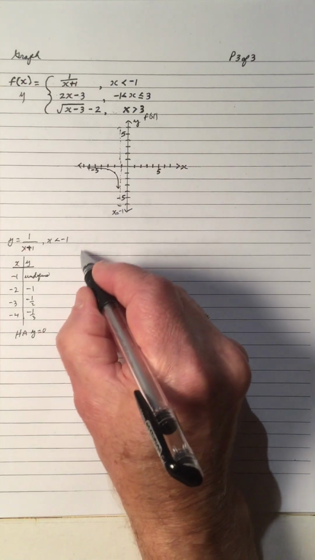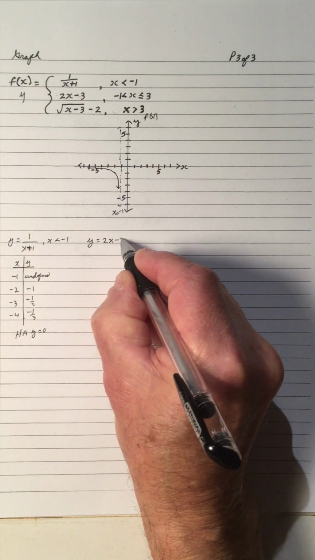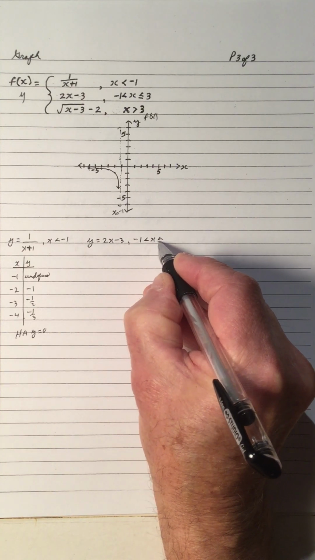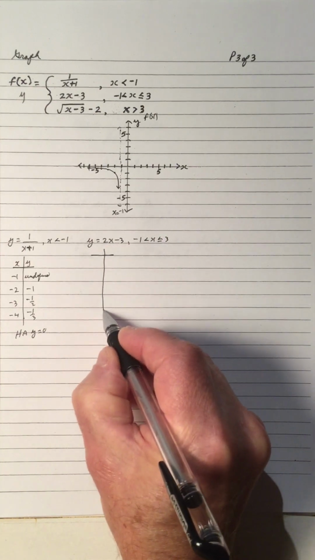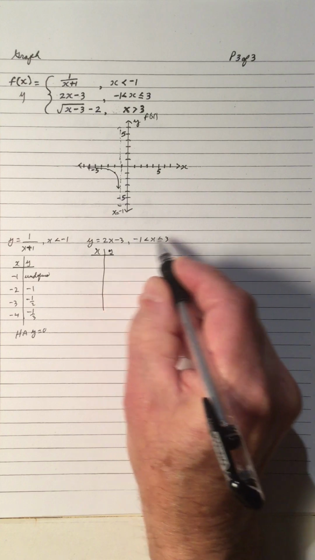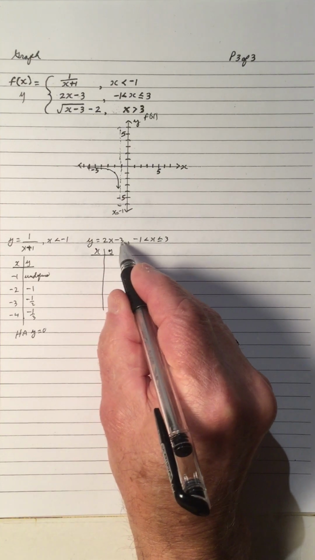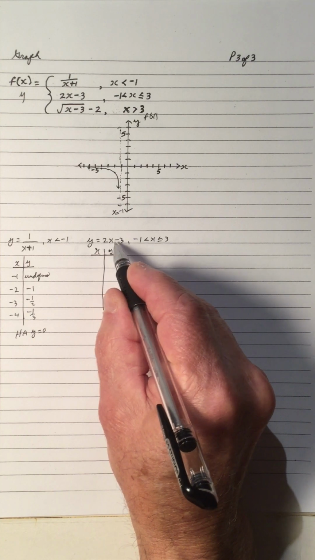Now let's look at the other part of the interval: -1 less than x less than or equal to 3. Notice this is linear, y equals mx plus b, with a y-intercept of -3 and a slope of 2 over 1, so it's a line.